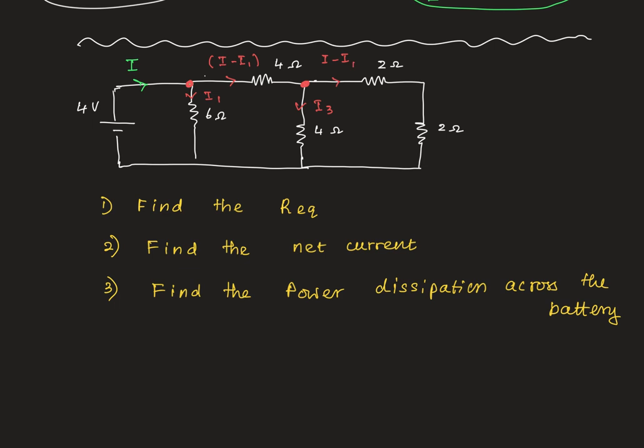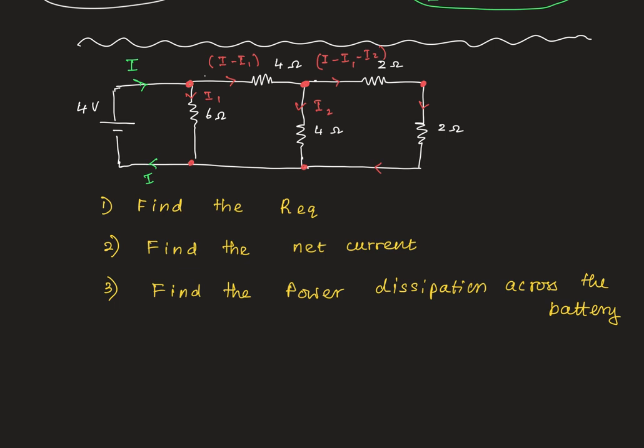Actually, I should call this one I2, sorry, and then this one would be I minus I1 minus I2, right? And then that current comes to this point over here. There is no branch, so it goes around and comes back to this point and again this point, and at the end it goes again as I when it reaches the source, the battery source.